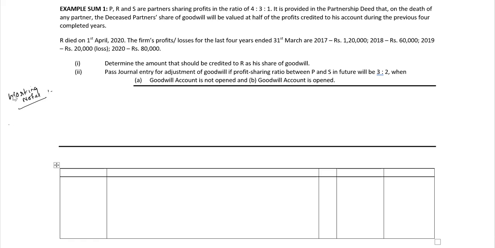It says the deceased partner's share of goodwill will be valued at half of the profits credited to his account during the previous 4 completed years. So first let's get the total profits of previous 4 completed years.